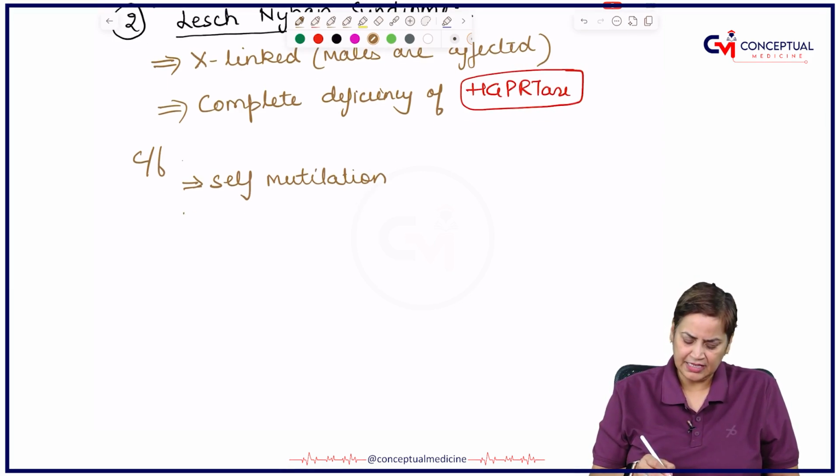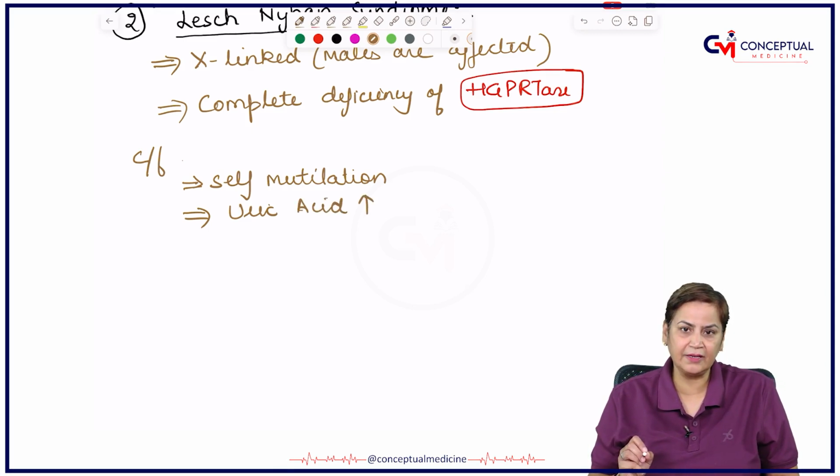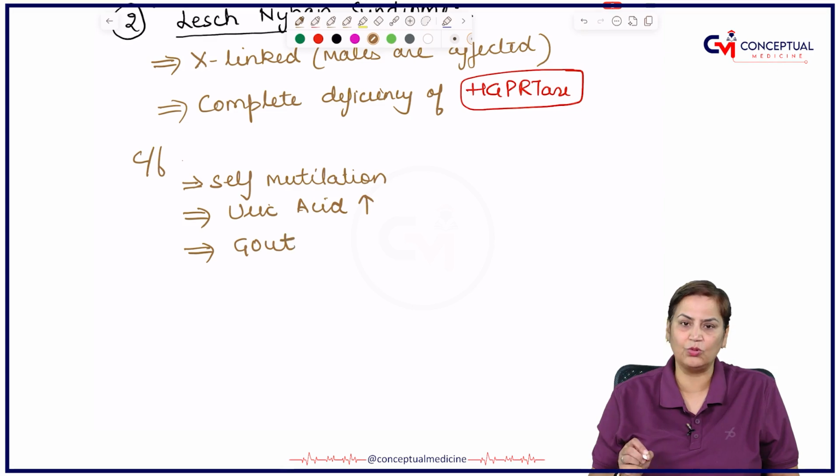Along with self-mutilation, uric acid will also increase, as I have listed just now, so obviously it will lead to gout also.